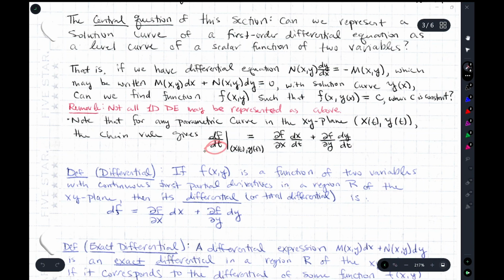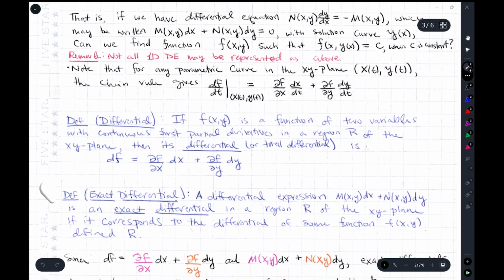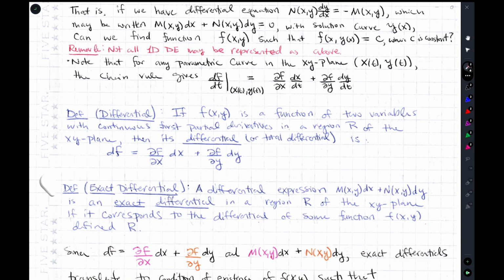And if we want to go down to the level of the derivative with respect to t, then we have this chain rule. That's just review. I do have a video on the chain rule in the Calc 3 series, and I also discussed parametric curves in the Calc 2 series, so I encourage you to review that.